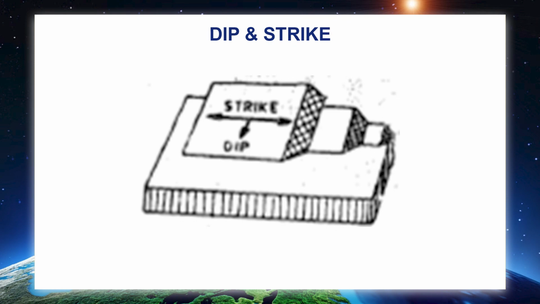Now, what is dip and strike of the bed? We are coming to faults now. Fold and faults. There is a fault plane which has got the strike and dip. What is strike?